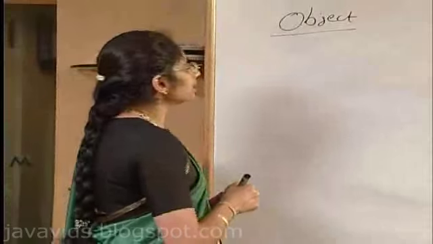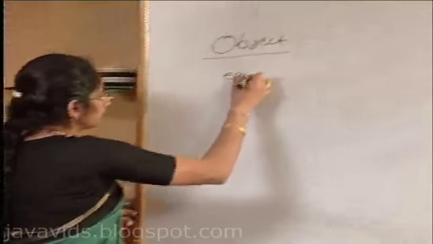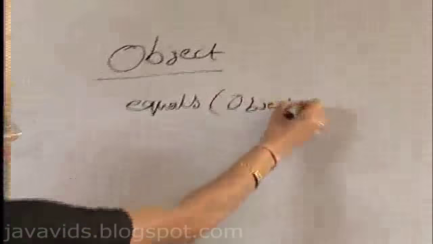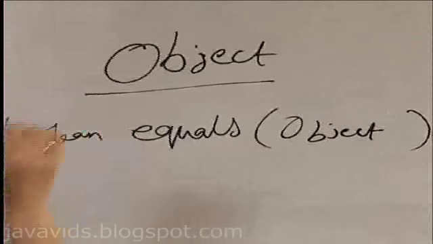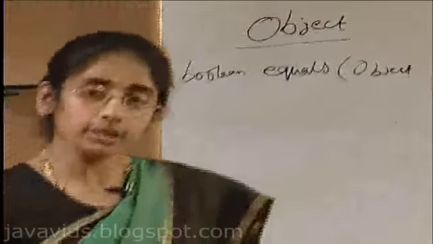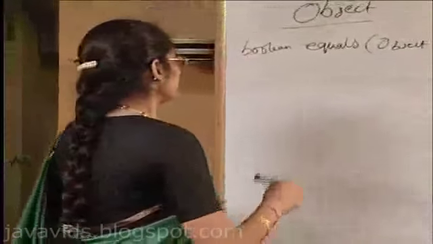Now what does this class provide us with? It provides us with an equals method, for example, which returns a boolean and takes Object as a parameter. This method compares two objects and returns whether they are equal.